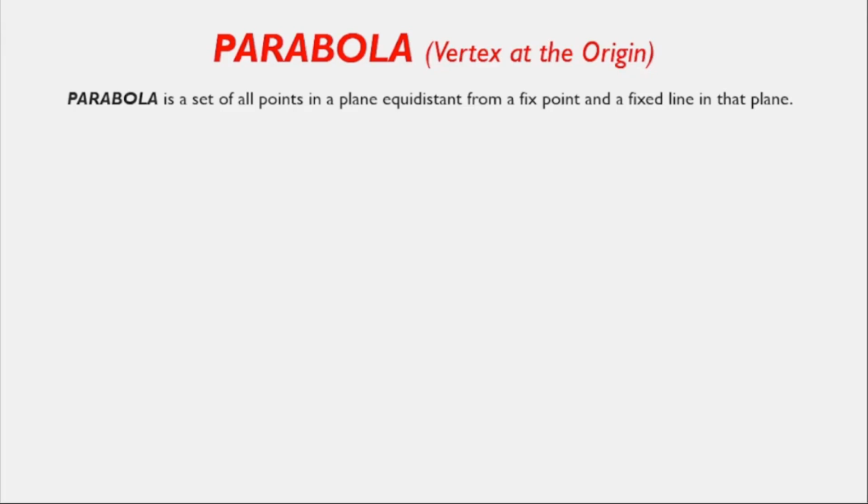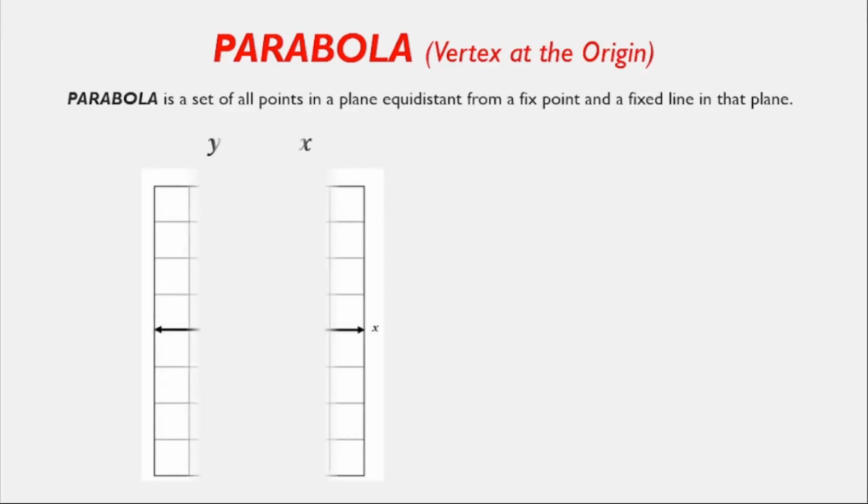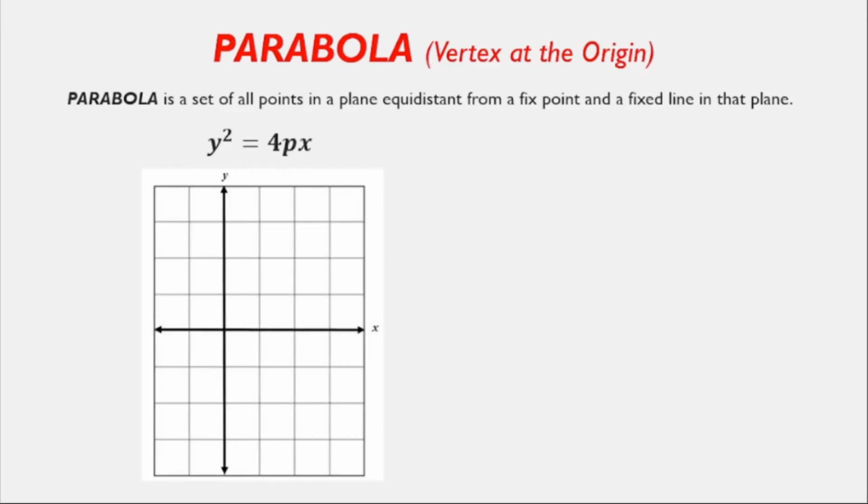Let us discuss the equation of the parabola in standard form whose vertex is located at the point of origin. The first equation is y squared is equal to 4px. If the equation of the parabola is in this form, then the vertex of the parabola is located at the point of origin. Now look at the expression at the right of the equation.